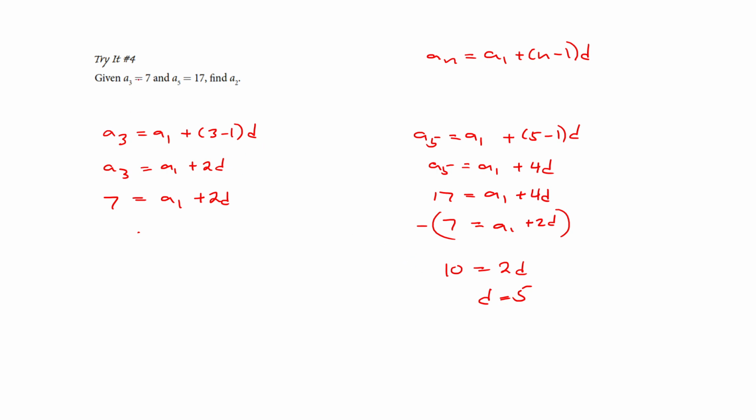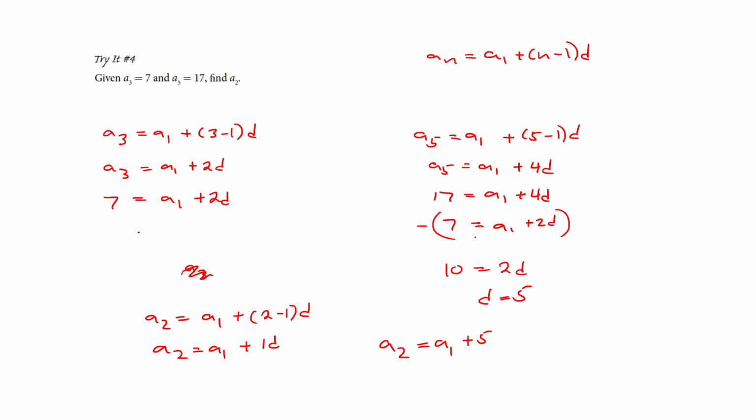So I have A3 and I want A2. Well, you could just figure the logic. A3 is 7, so that means A2 is going to have to be 5 if there's a common difference. But if you don't see it, let's do it like this. A2 is going to be A1 plus 2 minus 1 D. So looking for A2, it's going to be A1 plus 5.